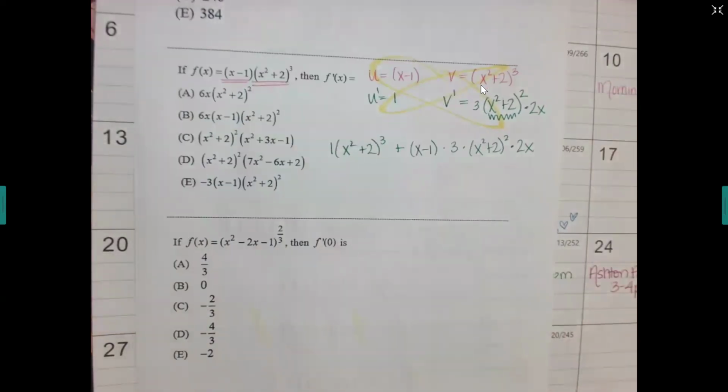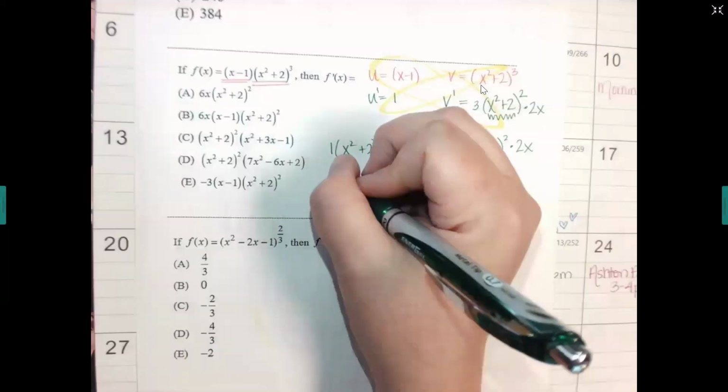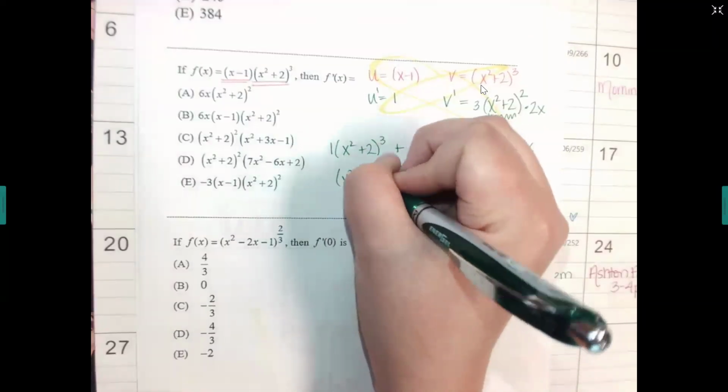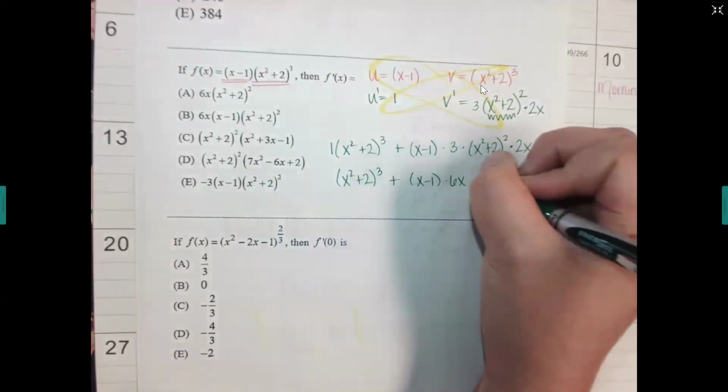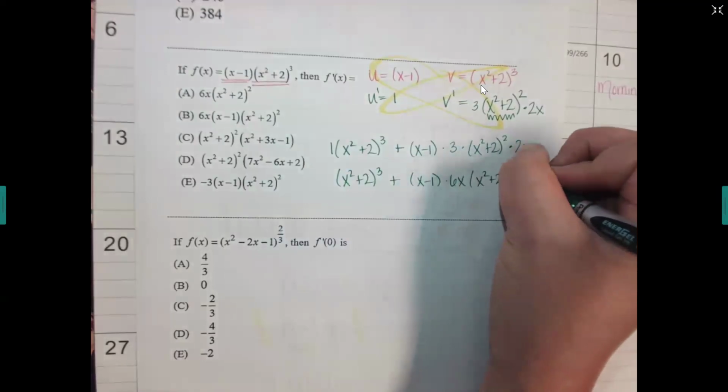Okay, now notice this second term's kind of a mouthful, right? So what's the 3 times the 2x going to combine to? Okay, a 6x. So I have an x minus 1, a 6x, and then an x squared plus 2 squared.